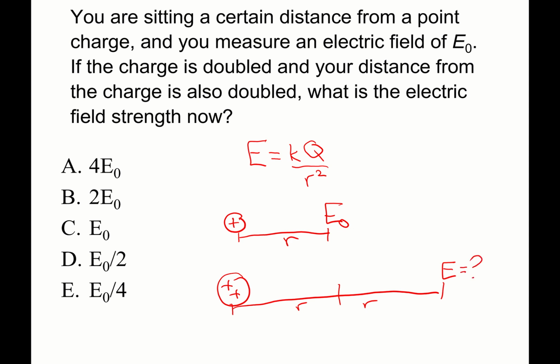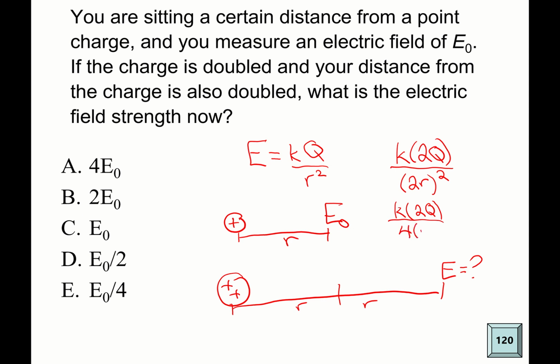Well, what I do is I put into the equation 2q in the numerator, and in the denominator, instead of r, I put in 2r, and I got to square that. So what I get there is k times 2q, and in the denominator I'm going to get 4 times r squared, because 2 squared is 4.